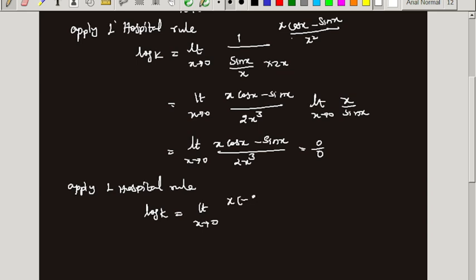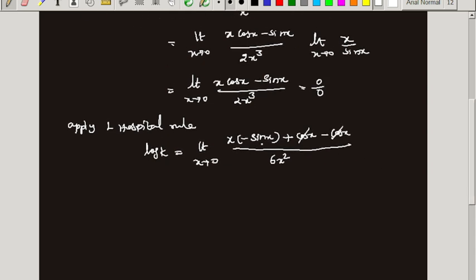X into cos is minus sin x plus x is 1 into cos x, minus sin x is cos x, dividing by 2x cube, differentiation is 6 times x square. So here cos x gets cancelled. So here if we write this one, limit x tends to 0 minus x into sin x dividing by 6x square.